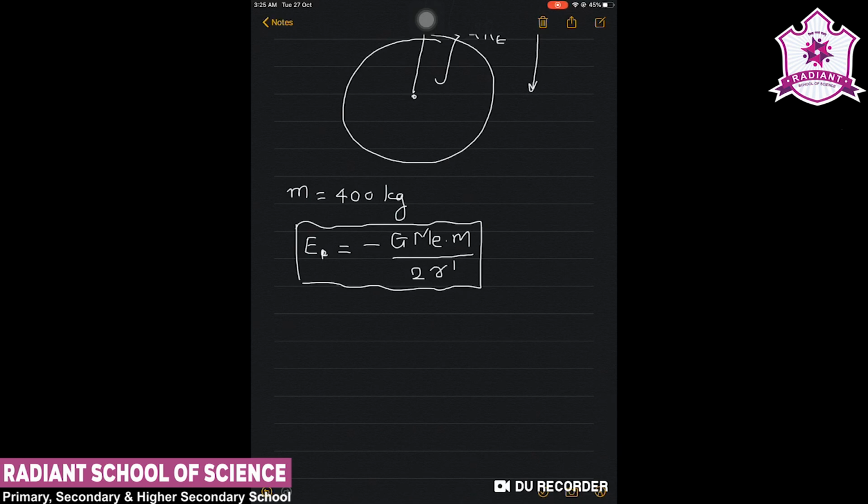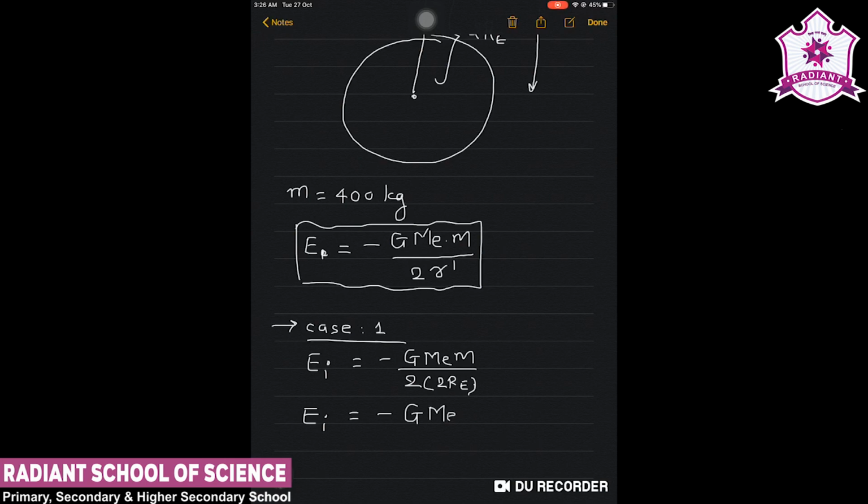So for case 1 we are provided Ei, that is minus G M_E m over 2 into 2 Re, and therefore this equation would be Ei equals minus G M_E m over 4 Re.